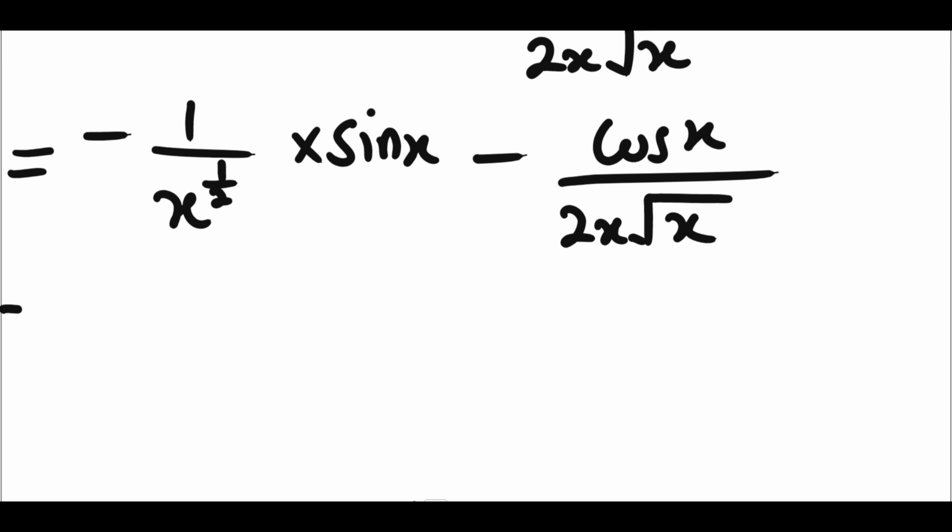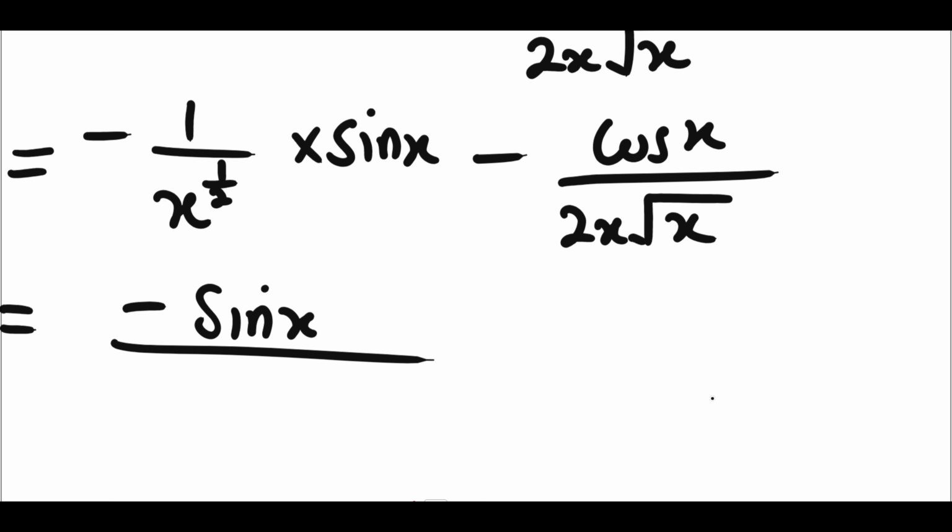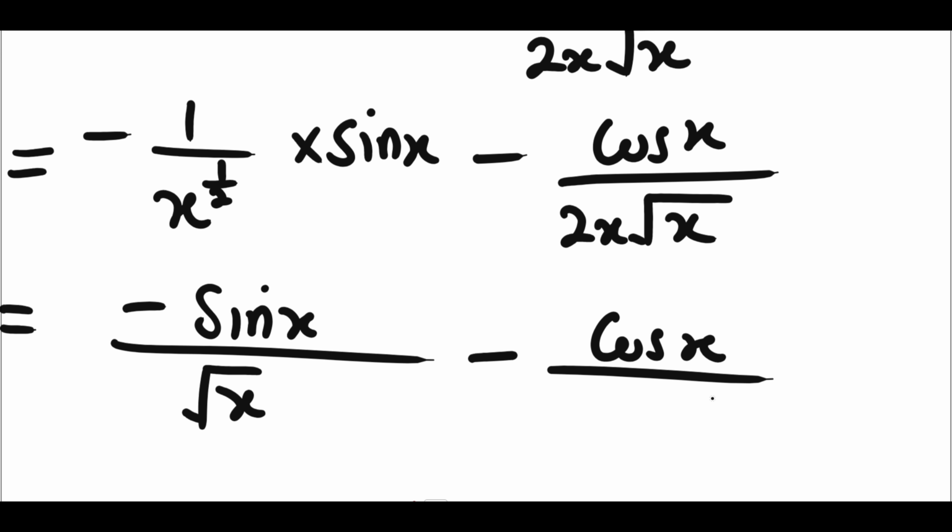So here we are going to get negative 1 times sine x, we get negative sine x, then divided by x exponent half, which is the square root of x. Then everything minus cos x also divided by 2x multiplying the square root of x.